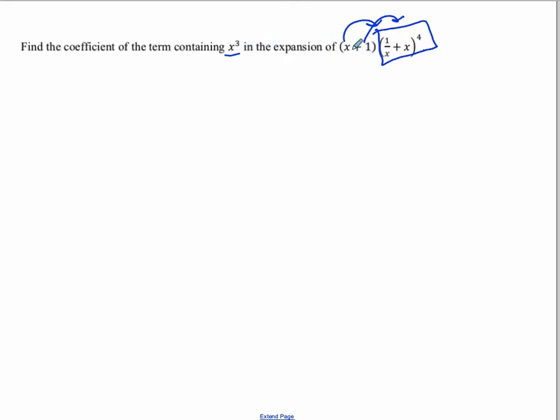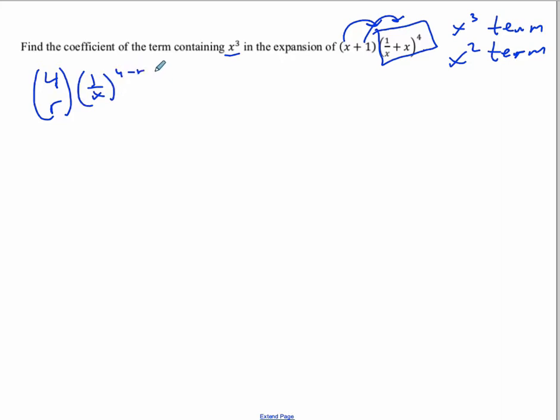So we're going to have 2 x cubed terms possibly, and we can add those together. So what we need to do is look for the x cubed term and the x squared term in just this one right here. Okay, so we're going to have 4 choose r, and the a is 1 over x to the power of 4 minus r, and then we're going to have x to the power of r.